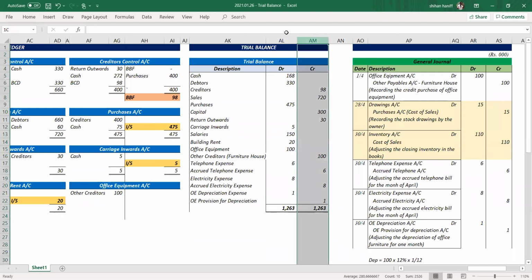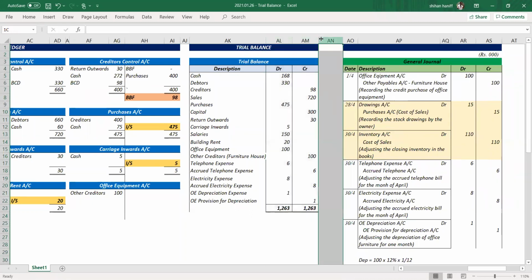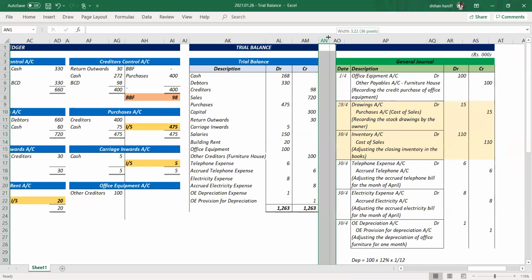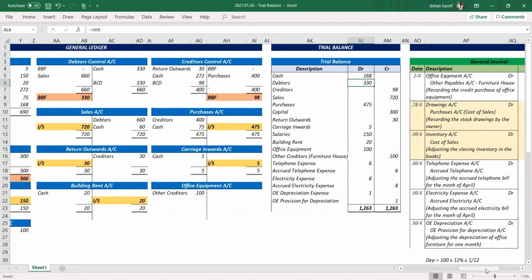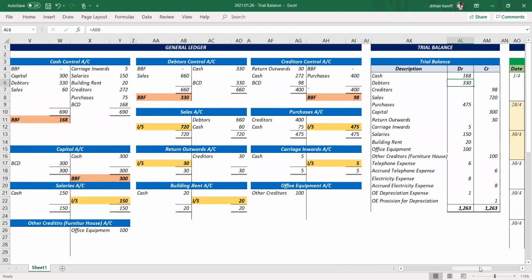So you can complete this trial balance. When you prepare these 6 ledger accounts, in each account there will be only one transaction, so that will come here.